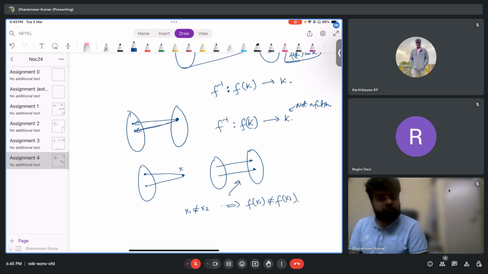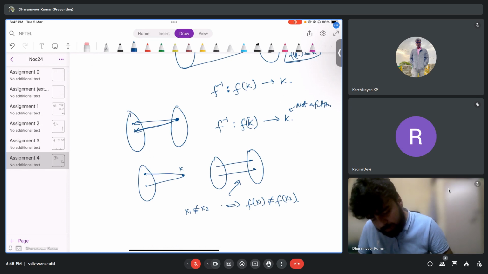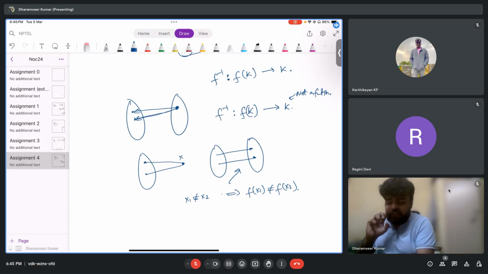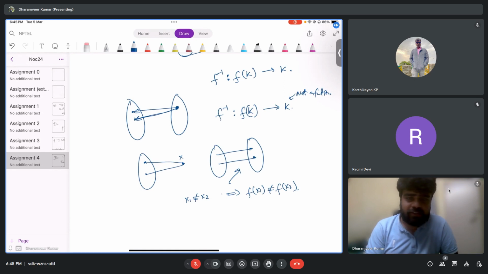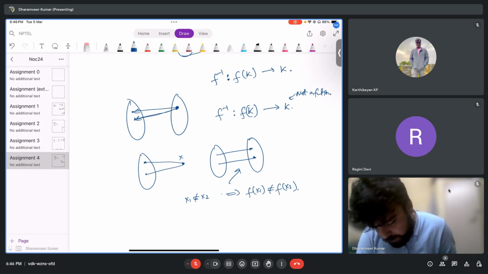So there are 2 distinct points, and the function values will also be 2 distinct points. And f is continuous. Not every continuous function is 1 to 1, for sure. For example, x square is not 1 to 1. So for a continuous function, you have to use this property as well.